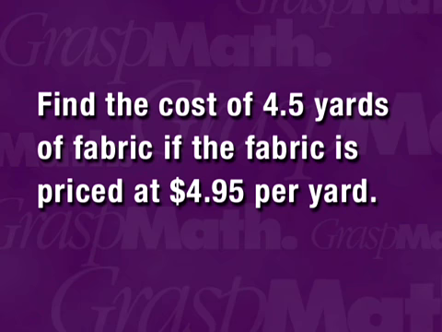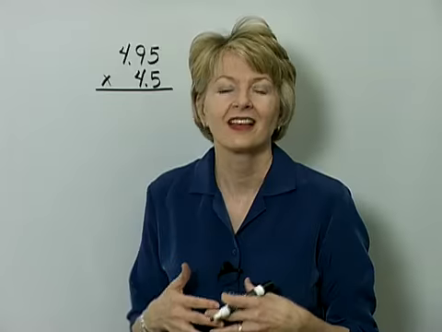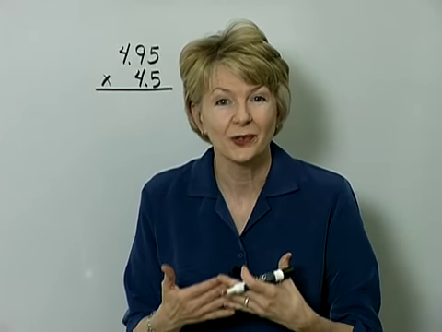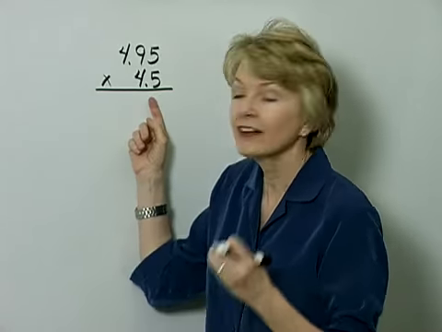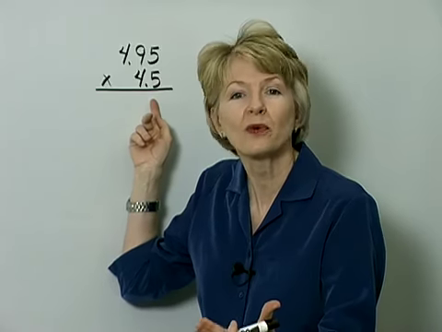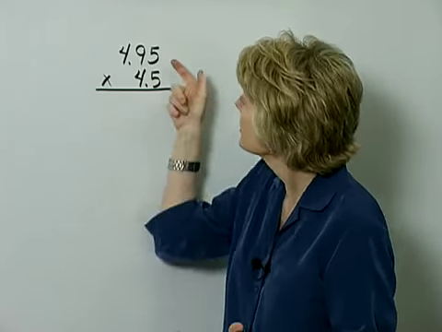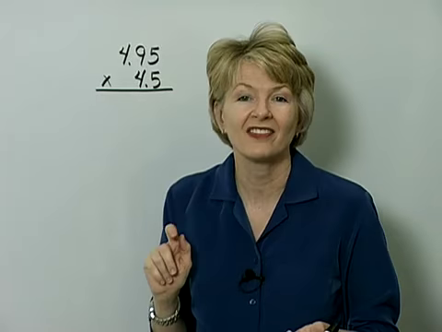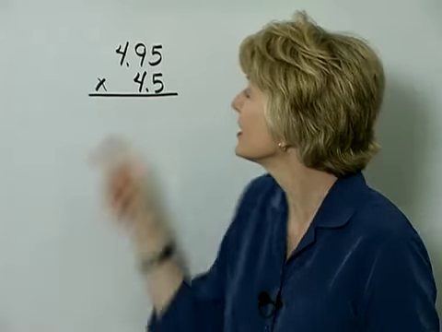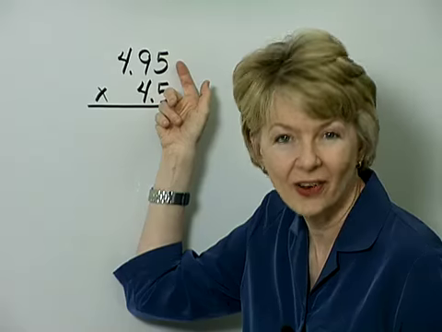That means we multiply. So let's multiply to find that total cost. And we're multiplying 4 5/10 representing the 4 5/10 yards of fabric times 4 95/100. That's representing the cost per yard.